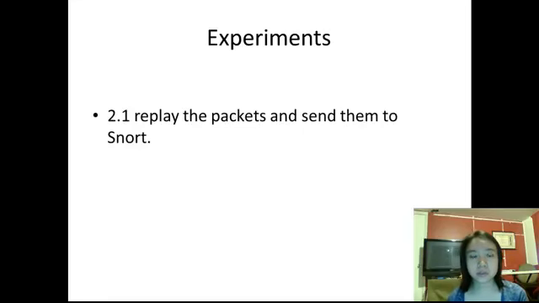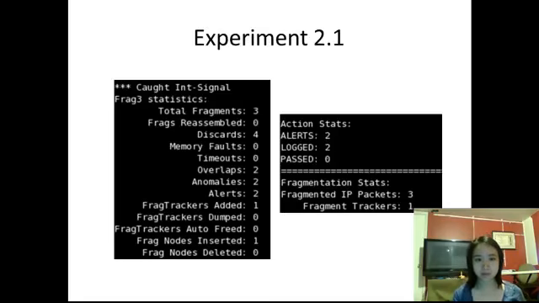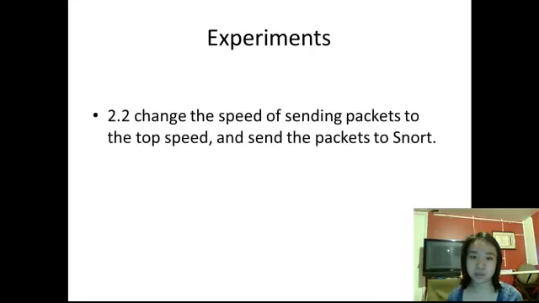This is the first group of experiments, and now we're going to see the second group. The first one of the second group is that I replay the packets and send them to Snort. I captured the packets and sent them to tcpreplay, and now I'm replaying them. These are normal packets. We can see that the Snort intrusion detection system can detect all of them with alerts and the right status of fragmented IP packets.